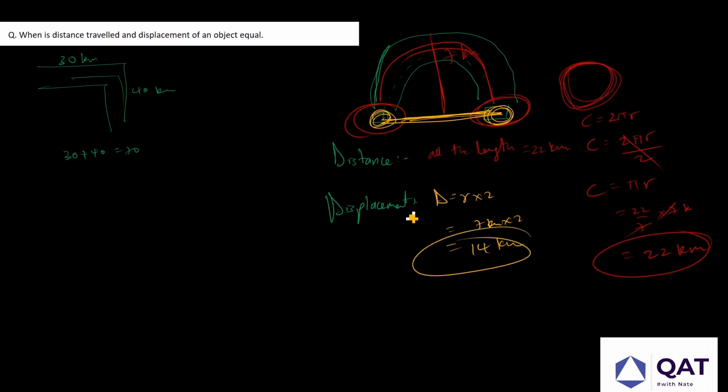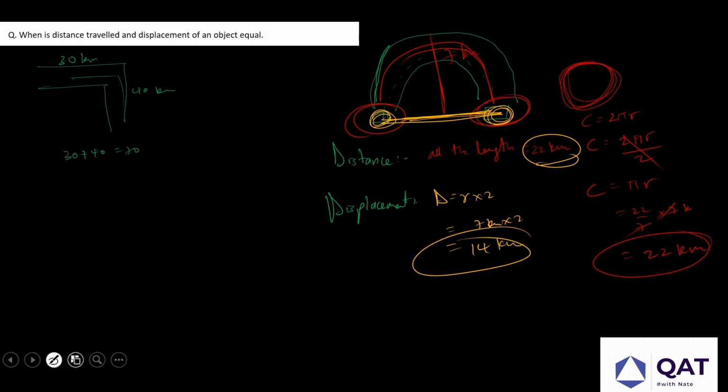In this case also, displacement and distance are different numbers. If we take another example also, we may find the displacement and distance to be different. However, there is a case where we can get the displacement and distance to be equal, and we are asked to find it here.